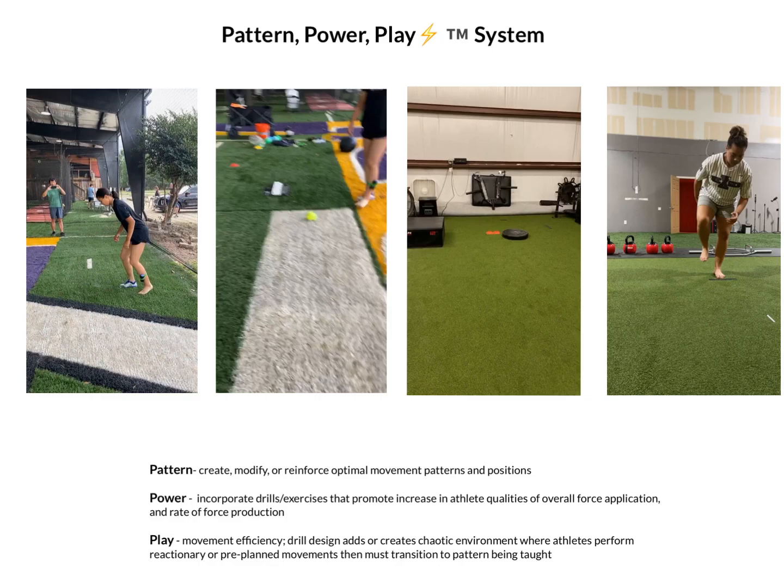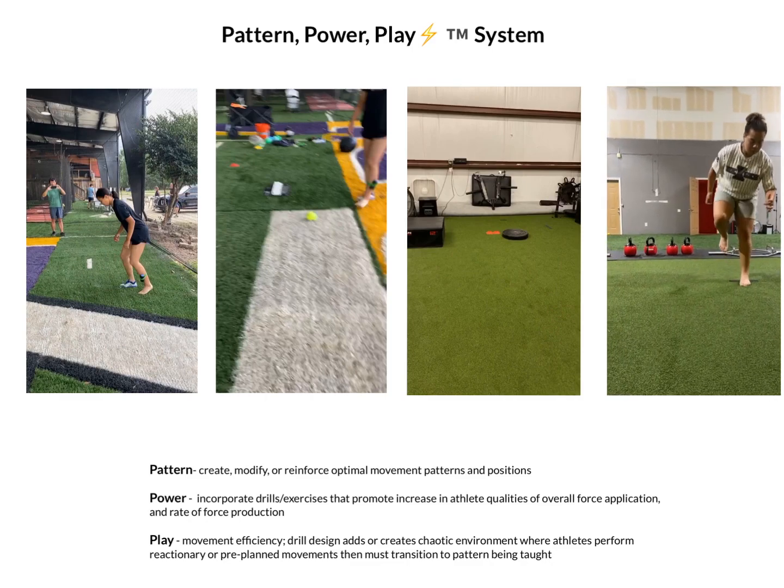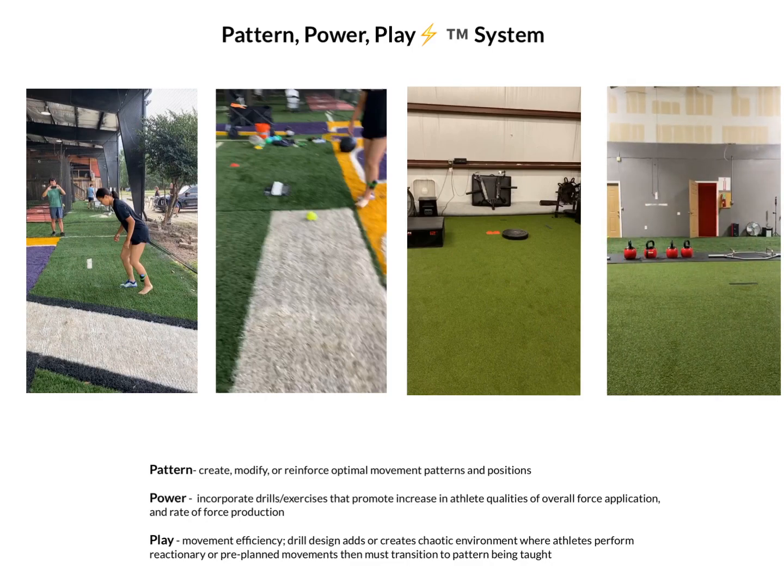And then another one can be tempo, increasing the tempo, rate of force development. Looking for those same qualities. Internal rotation, are we working through the hip, and is the foot and the hip agreeing from a pattern standpoint? And now we can add power to it in different forms.